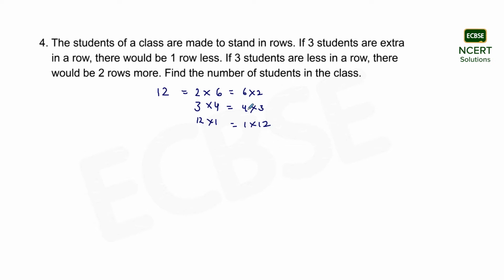There is also the possibility of 4 rows 3 columns, and a possibility of 1 row and 12 columns. Okay, so this is how we have arranged the students in rows and columns, or we can say the number of students in each row and the number of rows. So keeping this in mind, now we will be solving this problem.